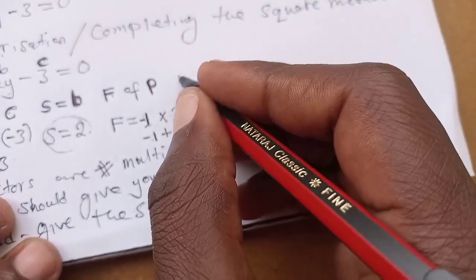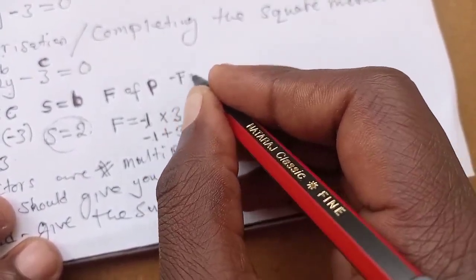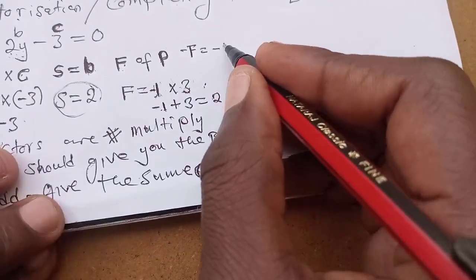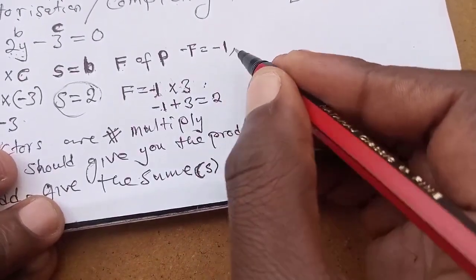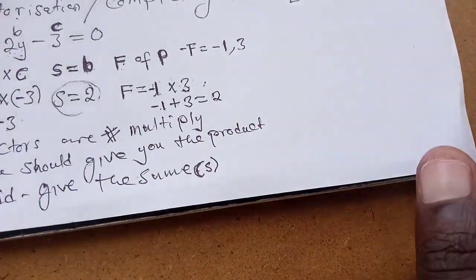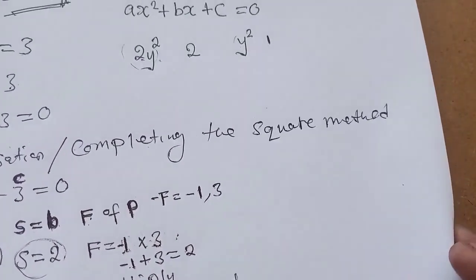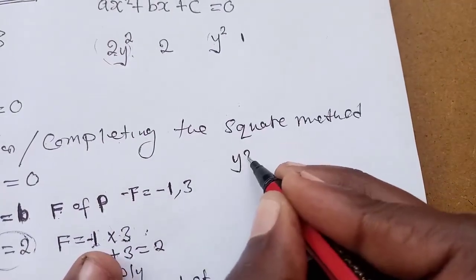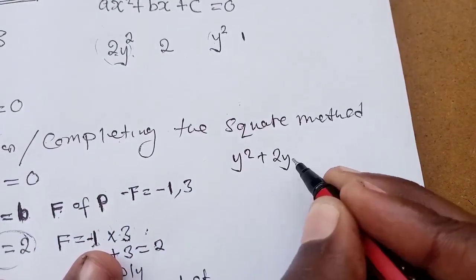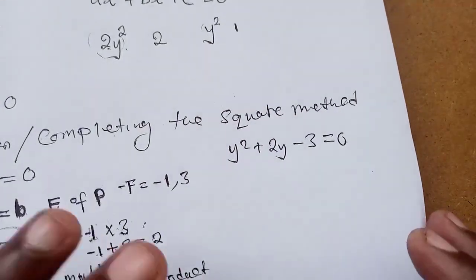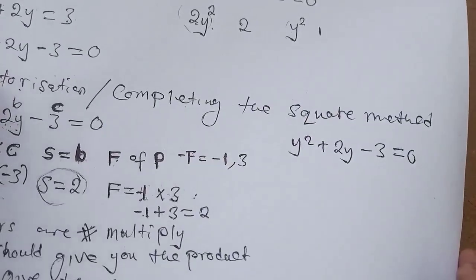These are the factors that we have found. So our equation is y squared plus 2y minus 3 is equal to 0. I'm breaking this down so that you'll be able to understand.